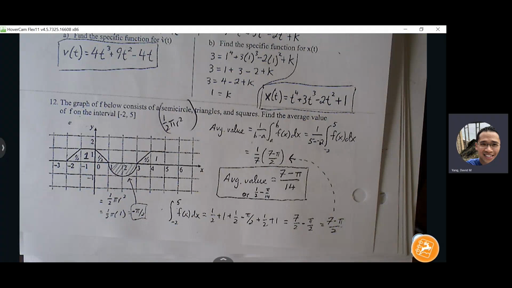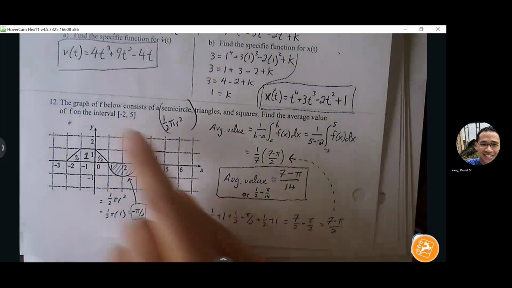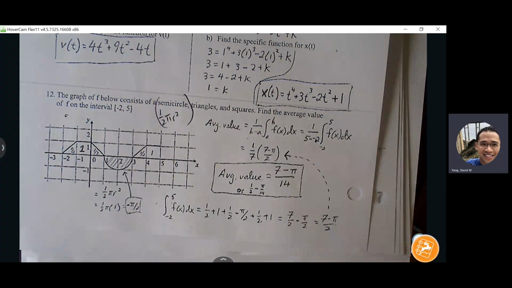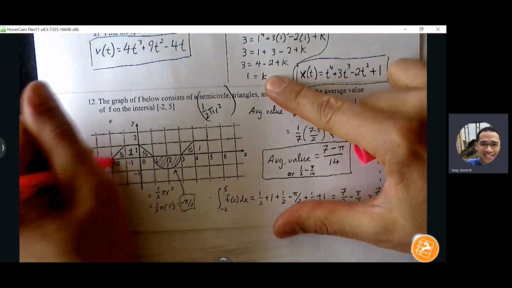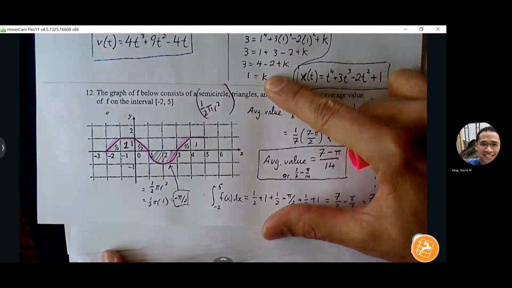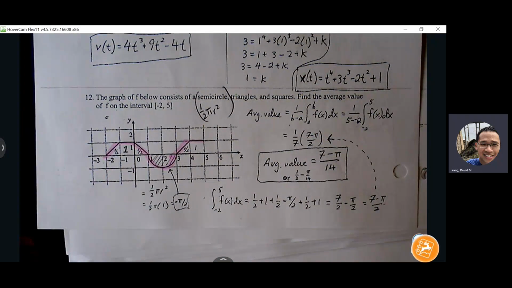Just keep in mind that the portion below the x-axis needs to be adjusted with a negative value. Okay. They say the graph of f is below. So they're giving you the graph, and it's just a bunch of piecewise functions linked together.